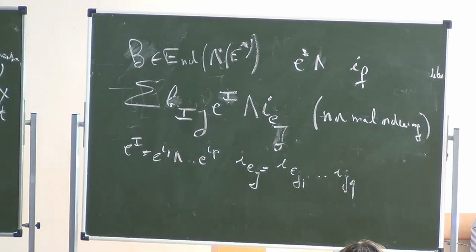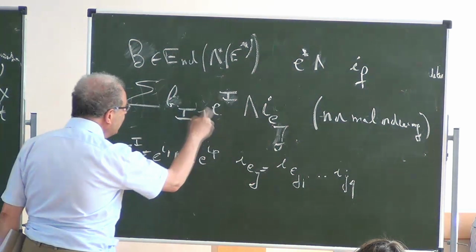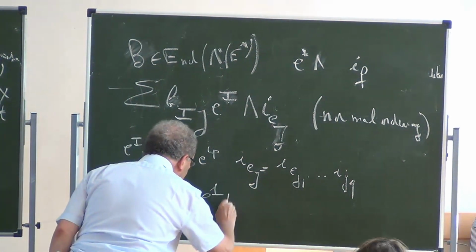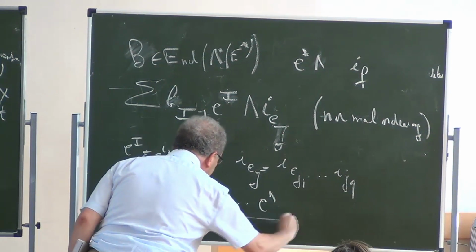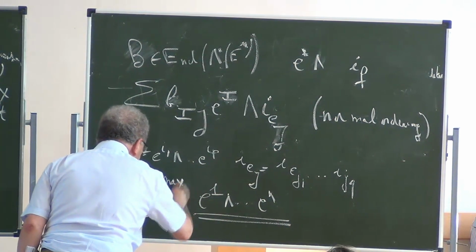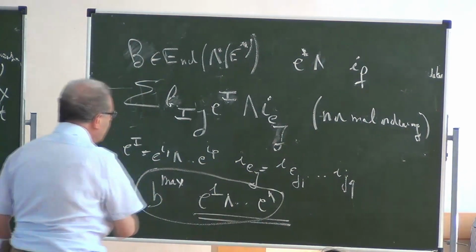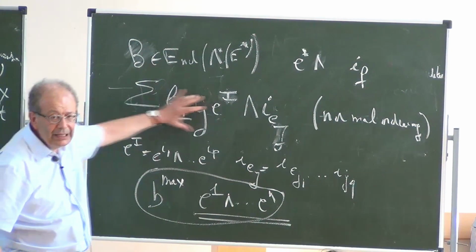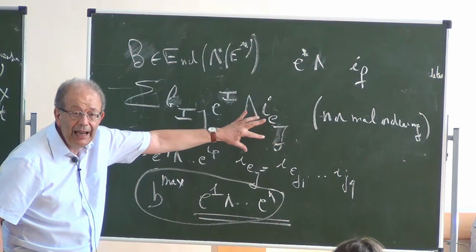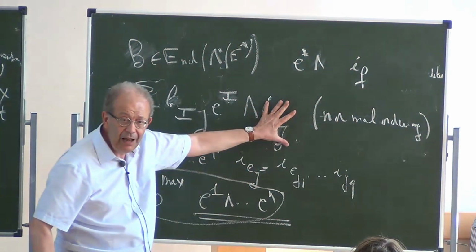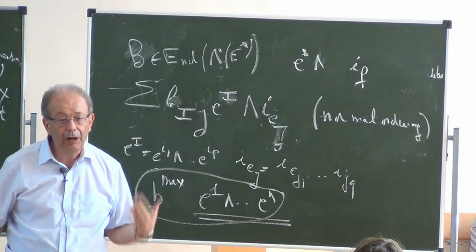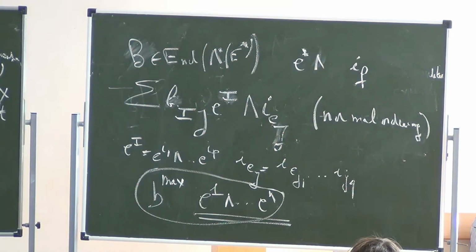And so what I'm saying is there is a distinct coefficient here, which is the coefficient of E1 wedge E2 wedge En. There is this coefficient which I will call for some reason B max. So that's a coefficient in this expansion in which you only have creation operators and you do not have any annihilation operators. There is nothing here, there is just E1 wedge E2 wedge En.